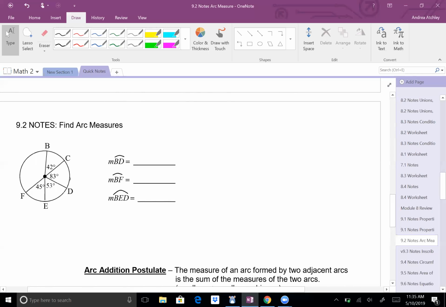Find the missing arcs. We're just going to find BD, which was 42 plus 83, so that gave you 125.